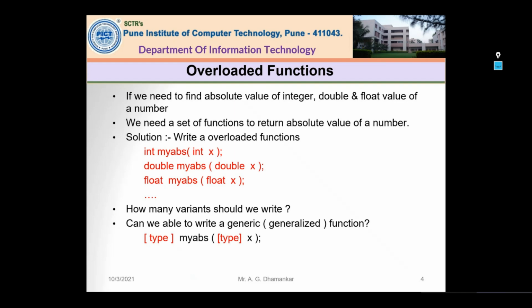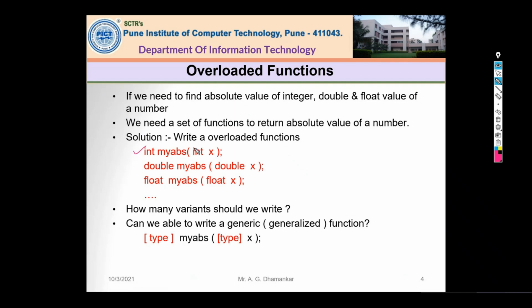This is the example we have taken first, and then we will take a generalized thing. If we need to find the absolute value of an integer, double, or float value of a number, then we need a set of functions to return the absolute value of a number. Then what will be the solution? The solution is to write overloaded functions, and you will probably write these kinds of functions, right?